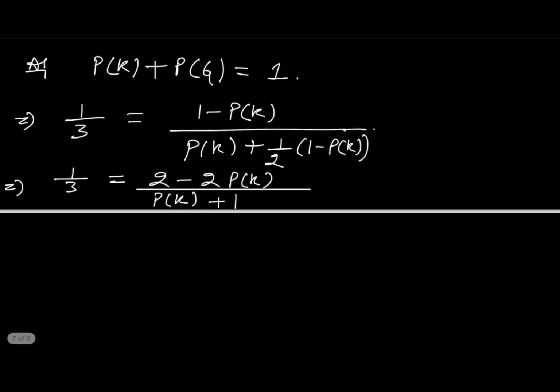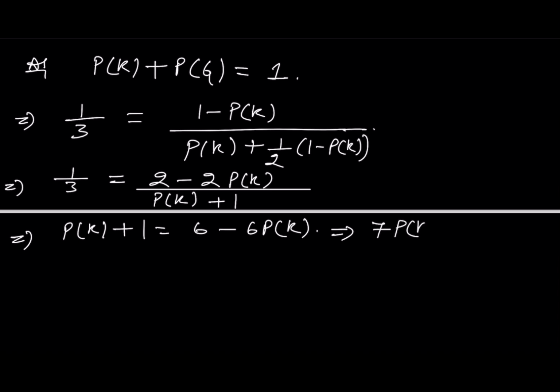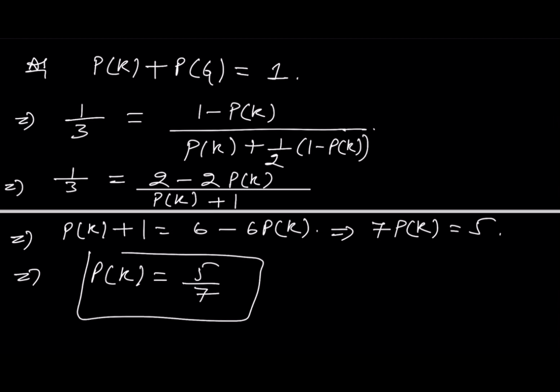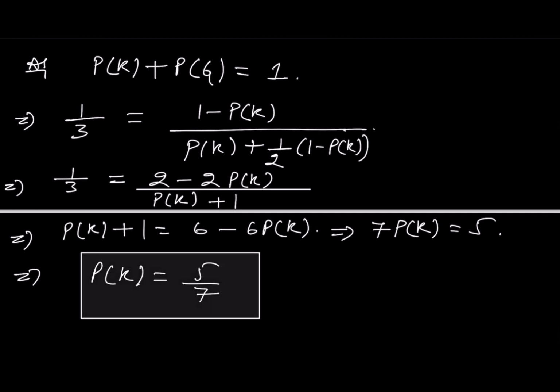Using cross multiplication, this will be P of K plus 1 is equal to 6 minus 6 P of K. Okay, so this is 7 P of K is equal to 5, or P of K is equal to 5 by 7, and this is the required probability, 5 by 7.